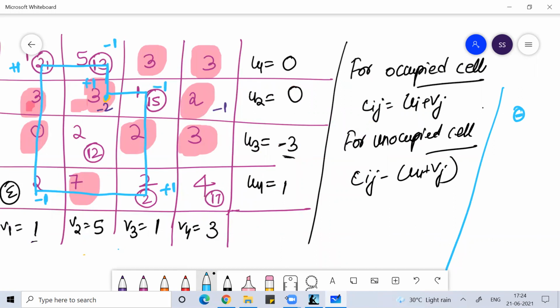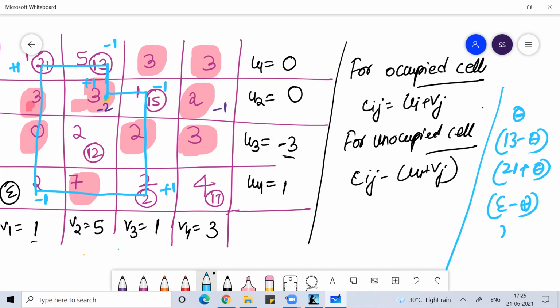The unoccupied cell is theta. The unoccupied cell you can write theta, that which having -2 allocation. The next one is 13 minus theta. Then you have allocation 21, 21 plus theta. Then you have epsilon minus theta.